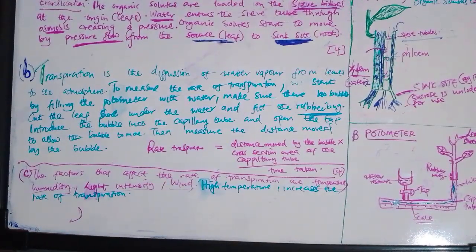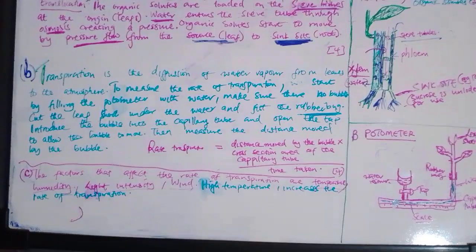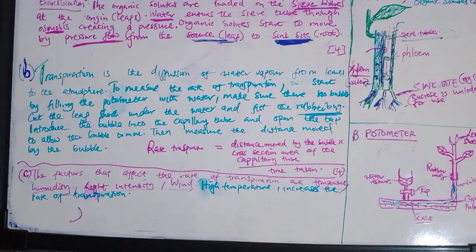So why does high temperature increase the rate of transpiration? This is because high temperature increases the kinetic energy of the molecules, which causes them to diffuse fast, because kinetic energy is the energy possessed by a moving molecule. So once it increases, it diffuses fast.